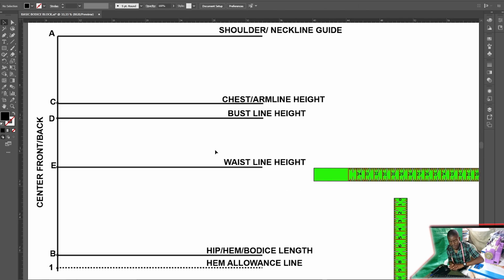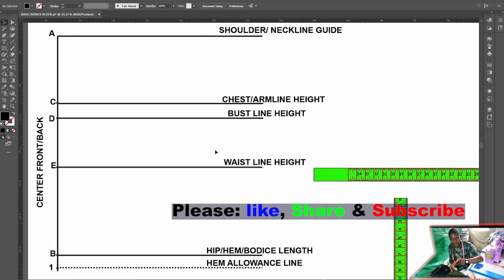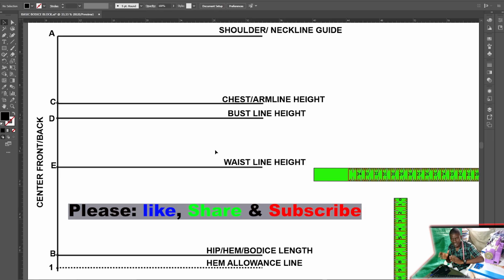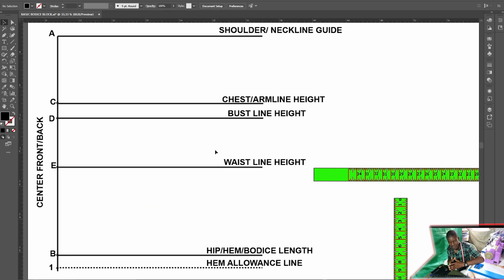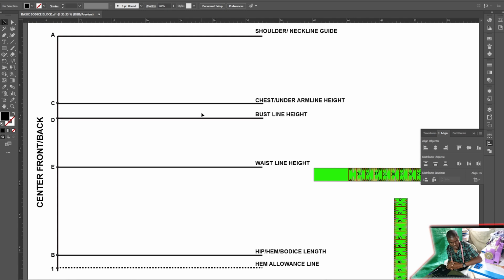So my people, as you can see, we have determined 1 vertical line and 6 horizontal lines for our basic bodice block. Now, once you have marked and drawn these points, go ahead and cross-check the drawn horizontal lines at these points.